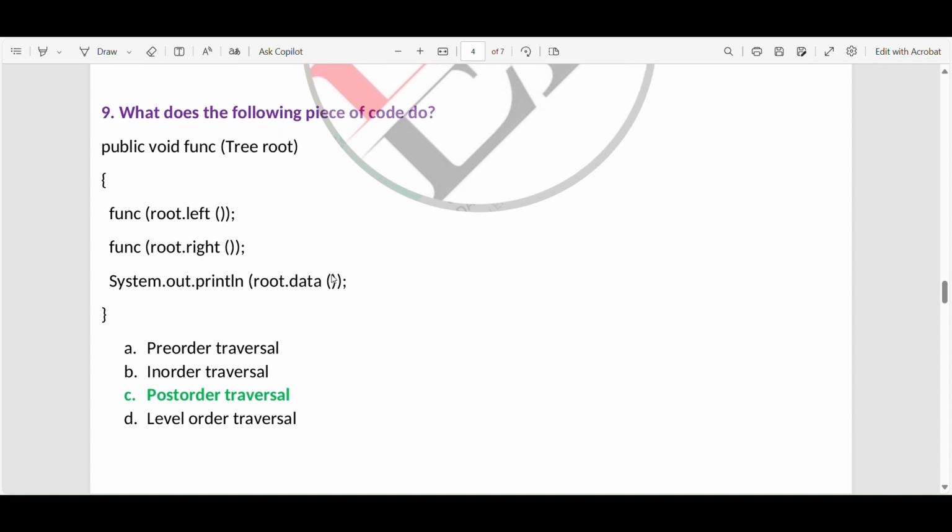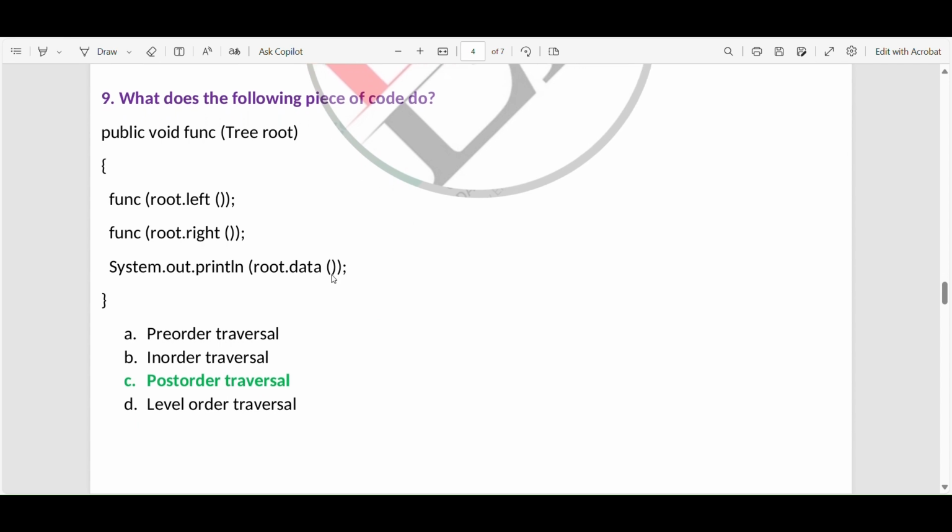Okay. And the next question is, what does the following piece of code do? Means what will be the output of this piece of code? Okay. And let's see this pseudocode. And here we are having another function, and inside we are having tree root, right?